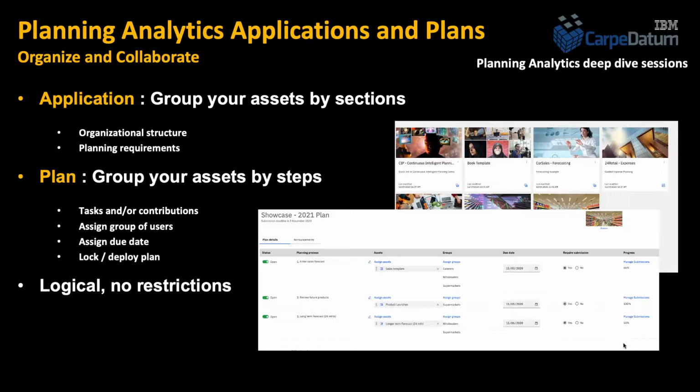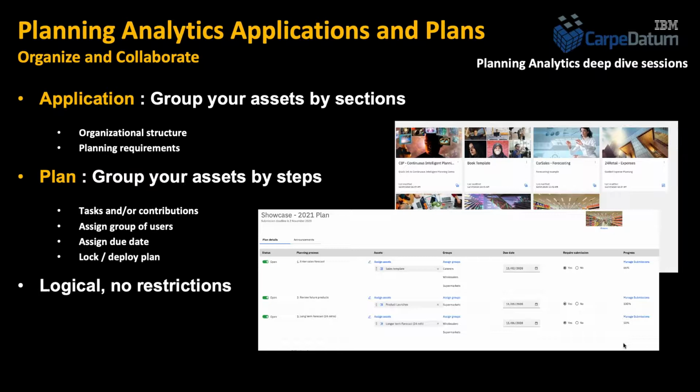Number three, you can have supply chain put their own data in there, and you do it in a sequence so that users can be assigned in such sequence, and it gives you a sense of deploying in a contributor format, basically, for those who have implemented the older TM1 generation. You can also assign users or groups of users. You can put due dates, and you can lock it and unlock it, if you're an administrator or if you're allowed to do it. So that part is the closest you get to the workflow.